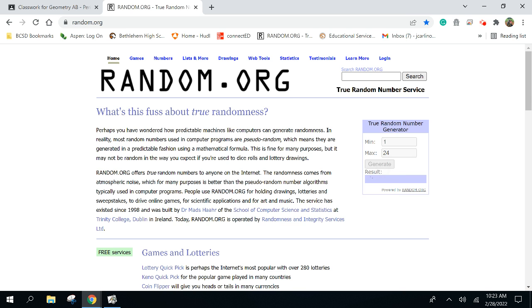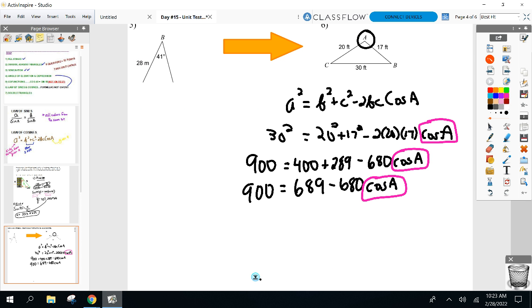Dig deep. What do I need to move over? There we go. Minus 689. Oh, 211. Make sure negative 680 cosine A.